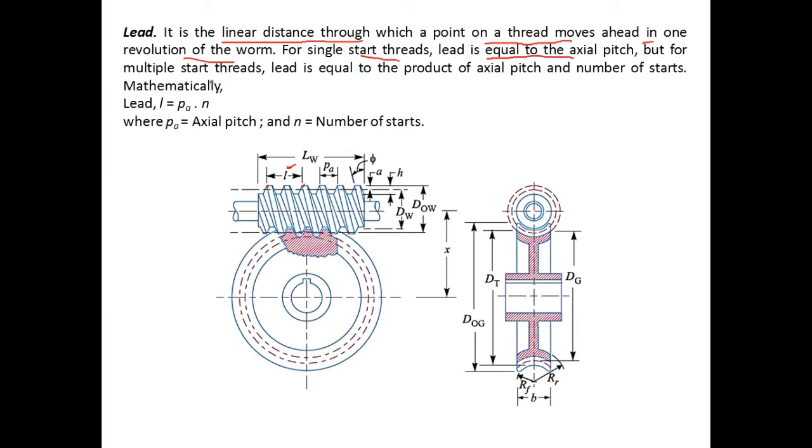But if it is multiple start, double start, etc., then lead will be equal to the product of PA into N, where PA is the axial pitch and N is the number of starts. So we can calculate L depending upon the number of starts.